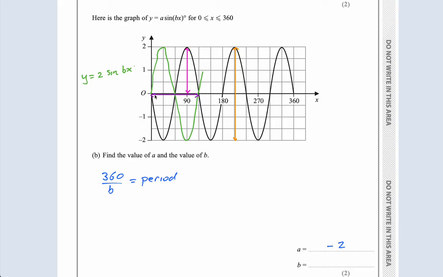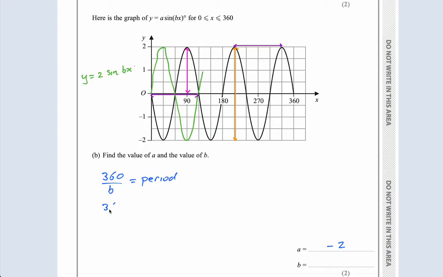That is the period, that distance, and then you'll see it does it again, or you can do it from here to here. It's basically when does it come back to itself. Now if you look at this, these boxes are going in 30s, so this is 30, 60, 90, 120, or from here 30, 60, 90, 120. So the period is 120.